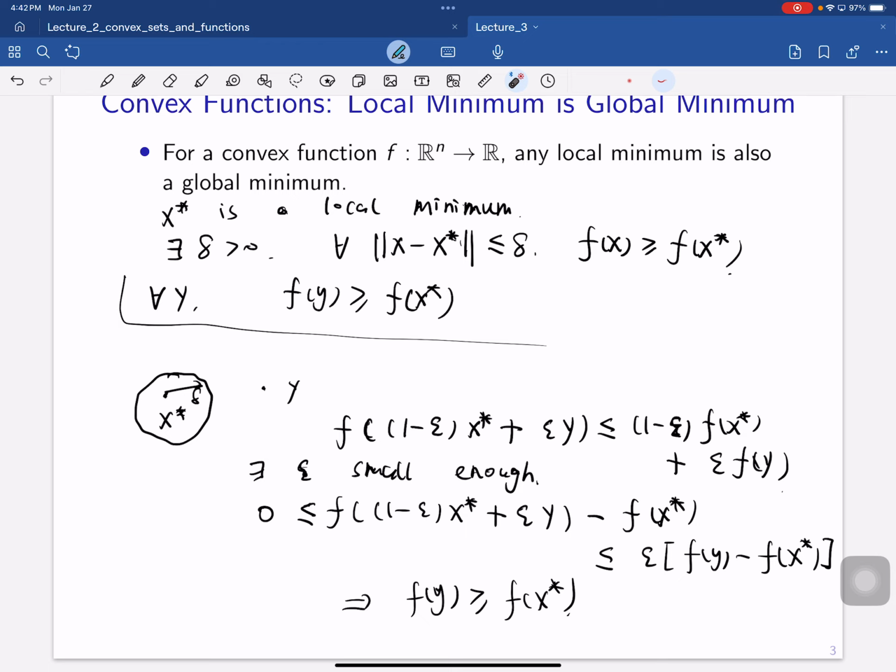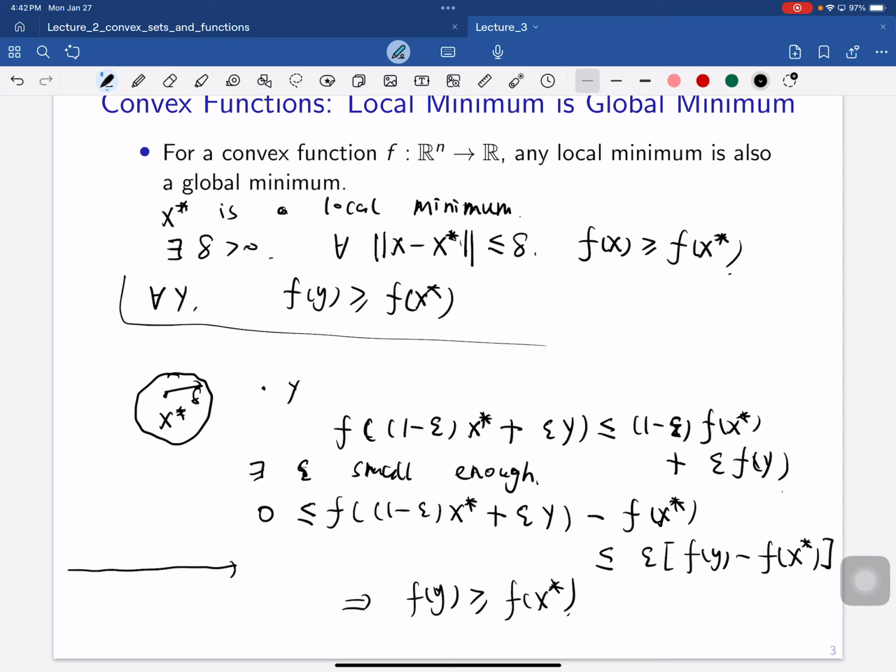If you mean the value, it can be like a line and you can have multiple x's. Yeah, if you mean f star, the optimal value is unique, right? Of course, the global minimum is unique, but there can be multiple x that achieve the same minimum, right? So let's draw an arbitrary function, which is convex.